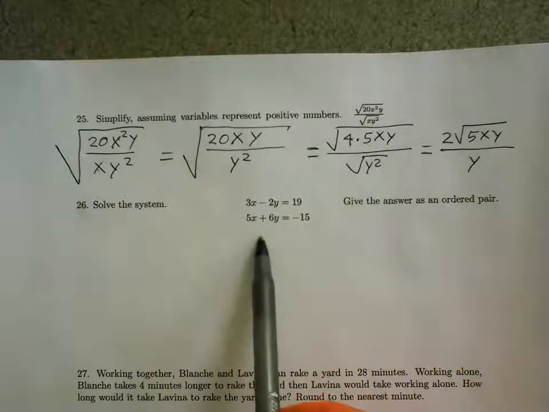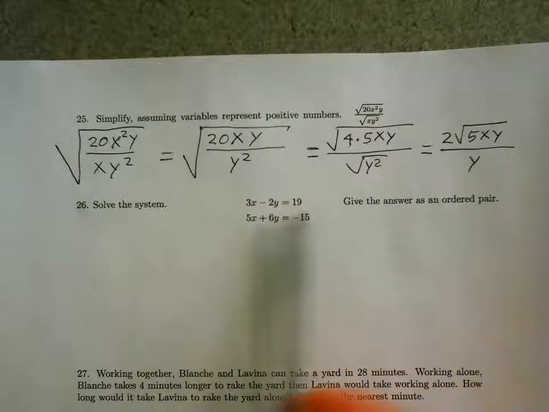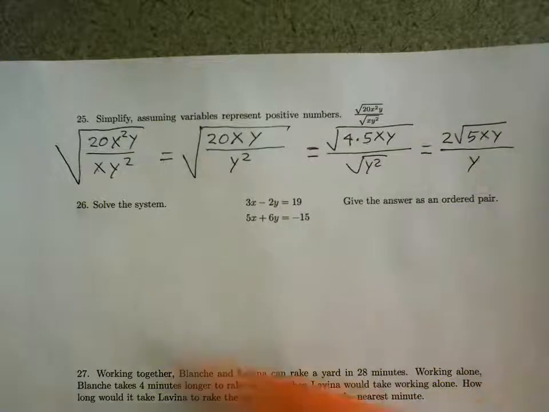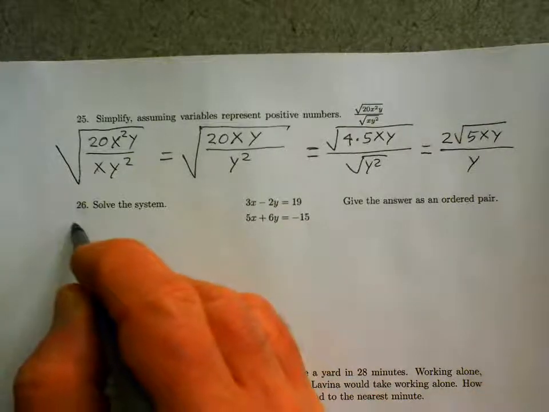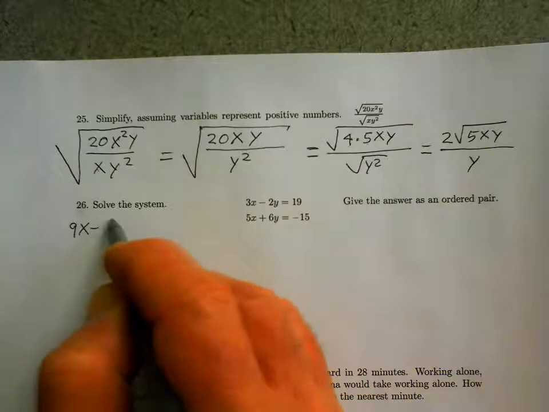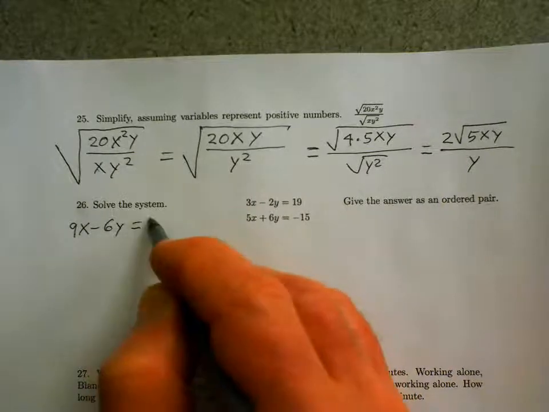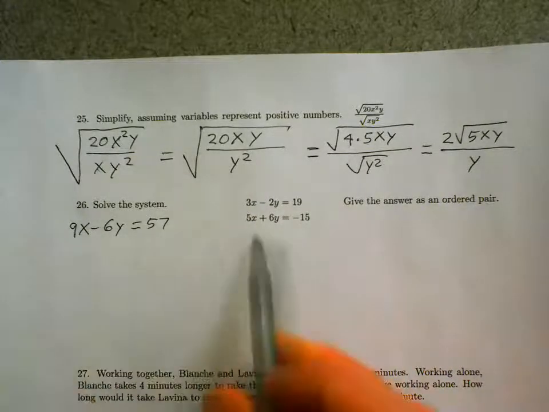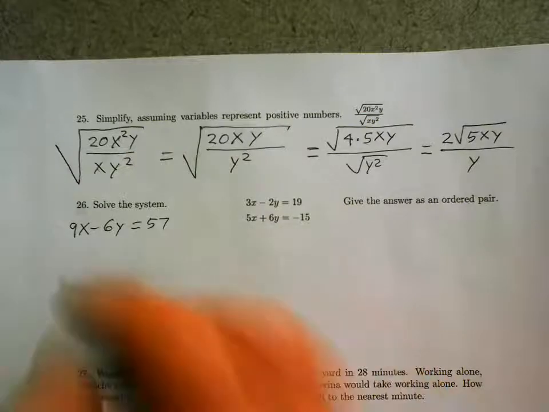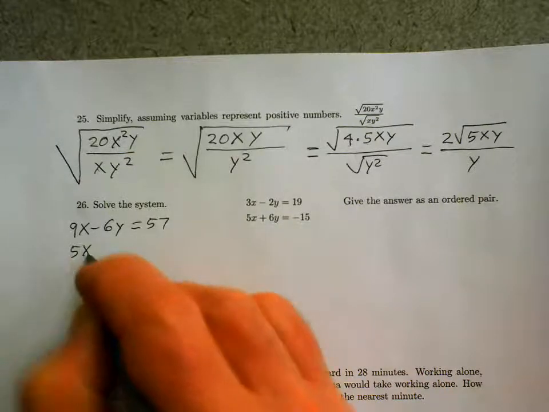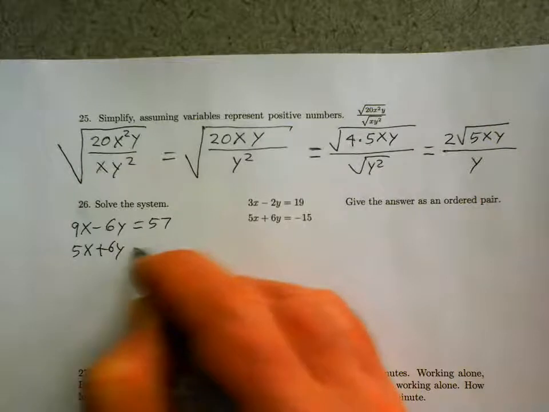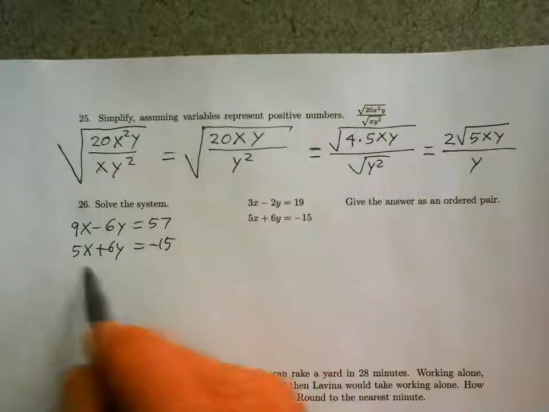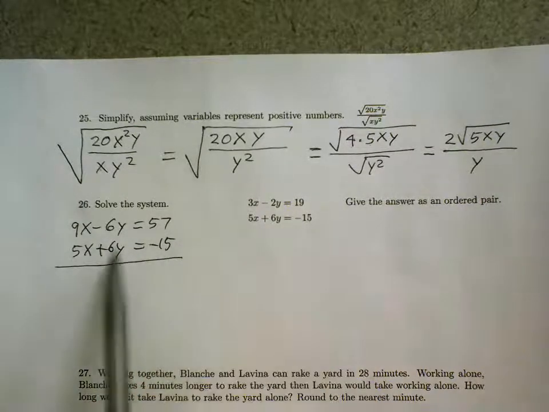If we multiply both sides of the top equation by 3, we'll get 9x minus 6y equals 57. And leave the bottom equation the same, 5x plus 6y equals negative 15. And when we add these two equations together, the variable y will be eliminated.